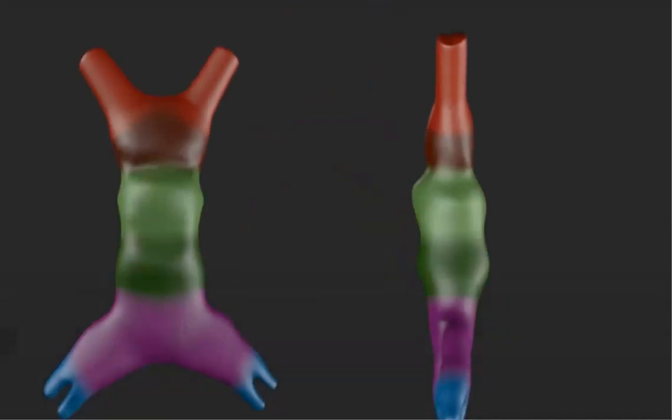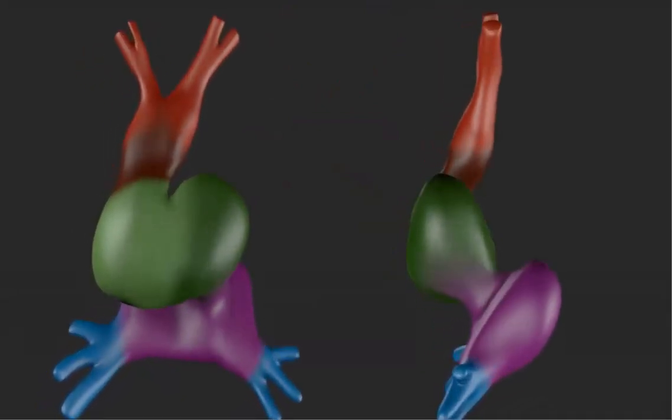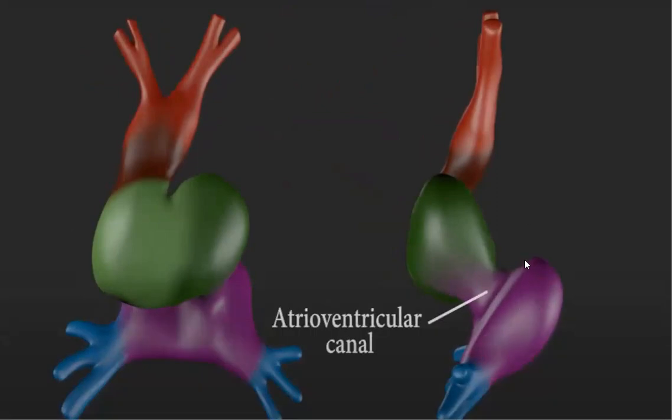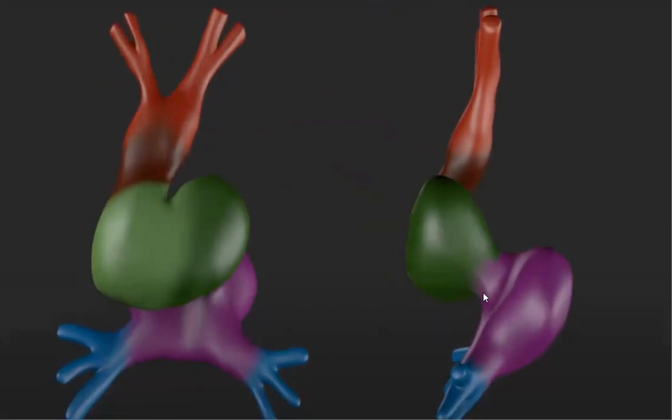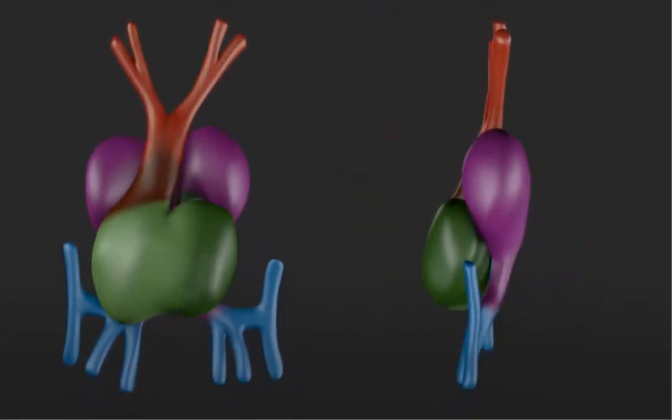Now they are also showing you a different view. These are the two atria, and this is the atrioventricular canal.